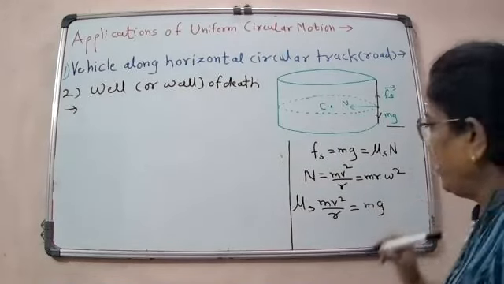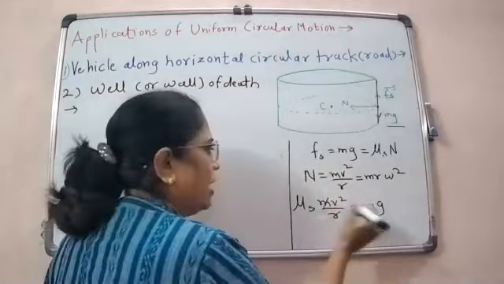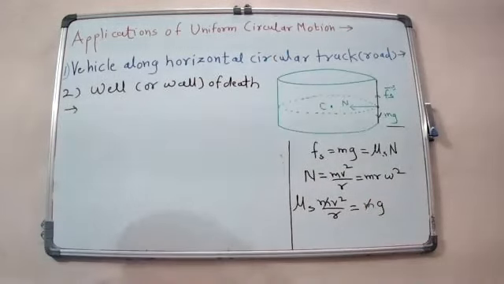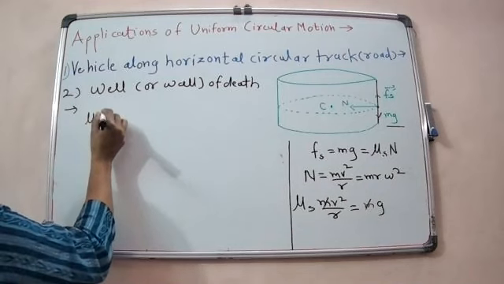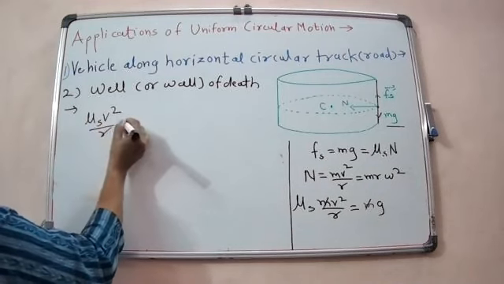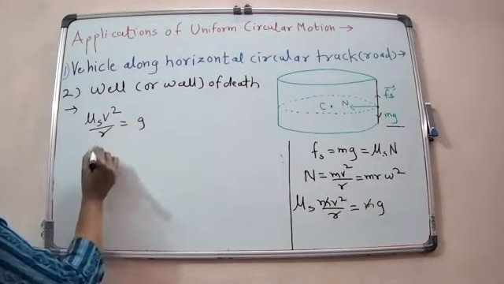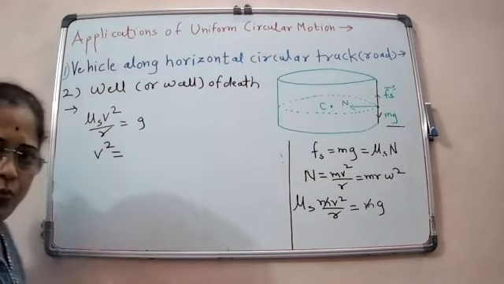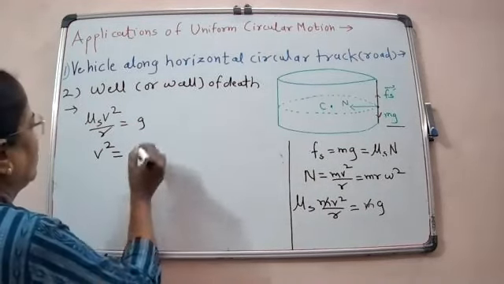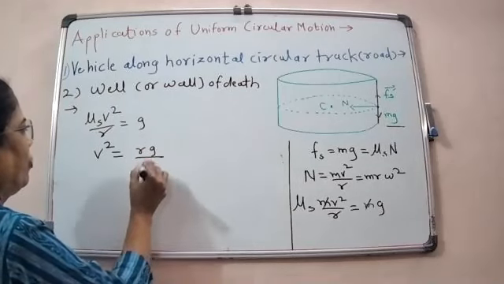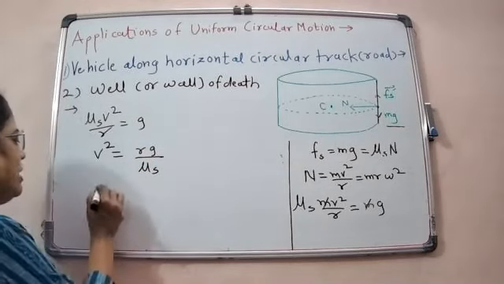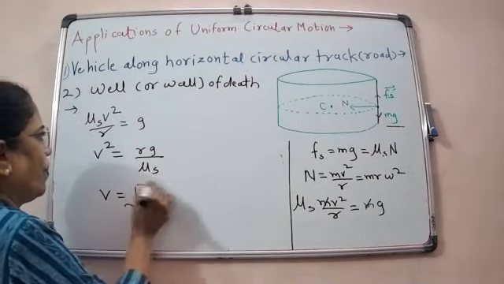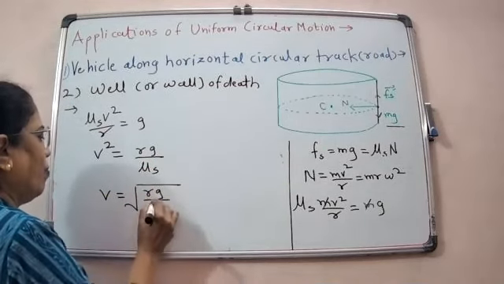So what we can do here is cancel m. You will get mu s into v square upon r equal to g. Then v square equal to rg upon mu s, and v equal to square root of rg upon mu s.